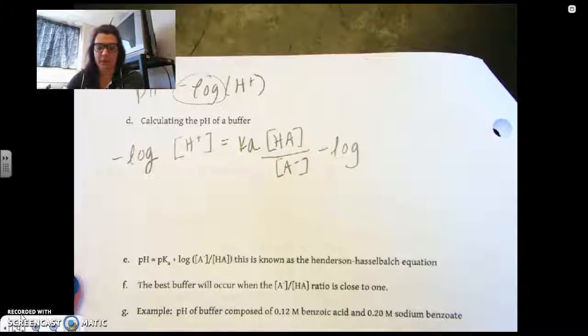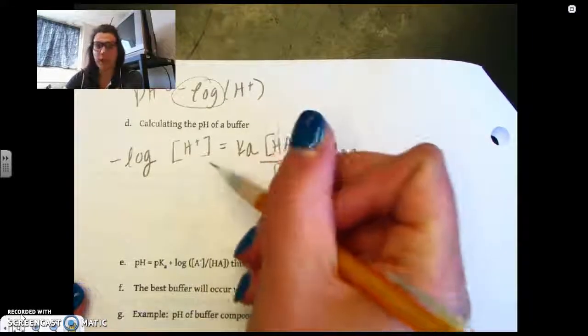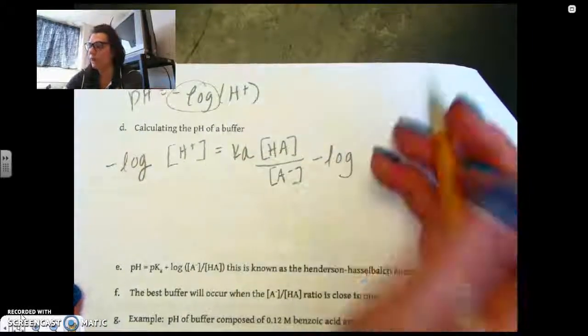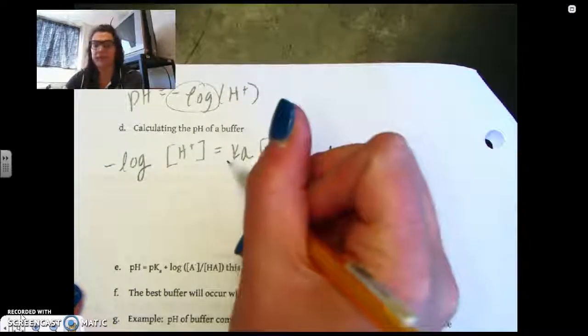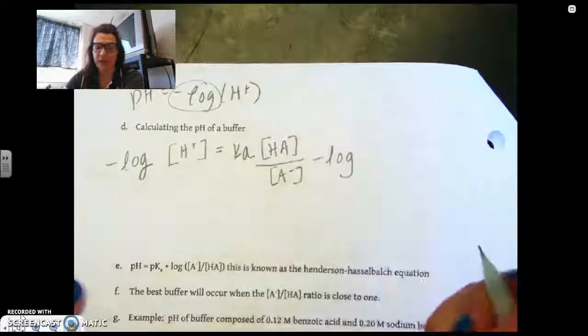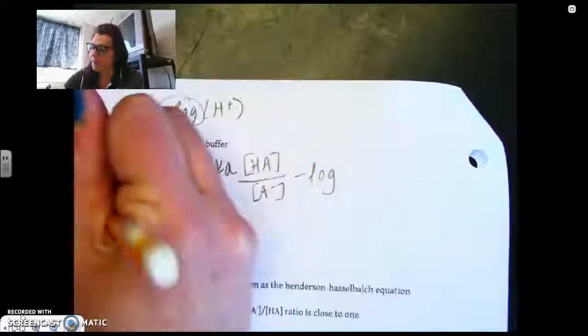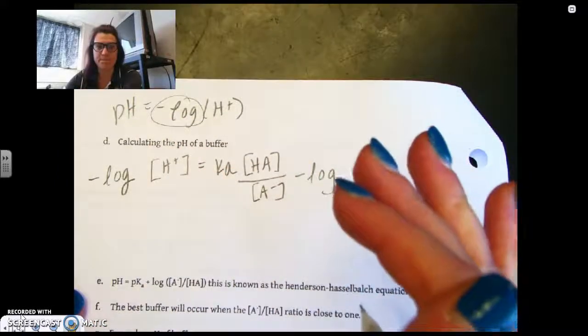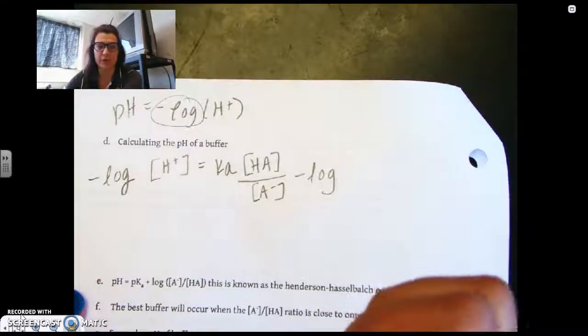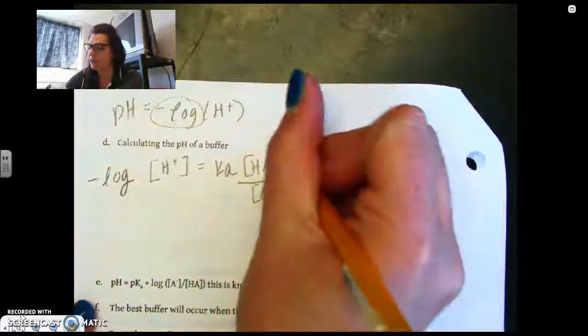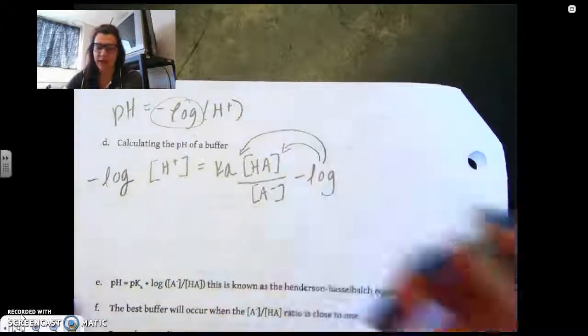So then I end up getting negative log H plus is equal to, I'll eventually move this, but it'll be negative log Ka. Then I'm going to distribute the negative log to both this and the Ka.